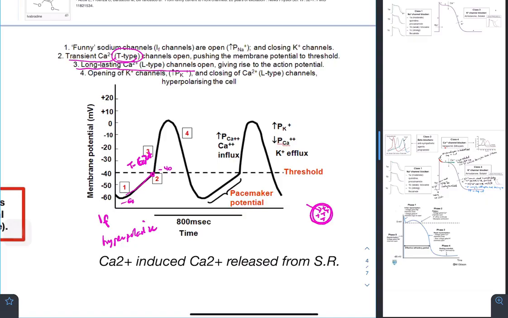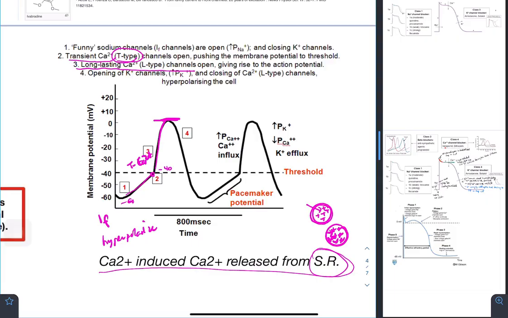And you will see the spike in the membrane potential until threshold. So now the cell is becoming more and more positive. This phenomenon is called calcium-induced calcium release. And the calcium is released from the storage inside your cell's organelle.